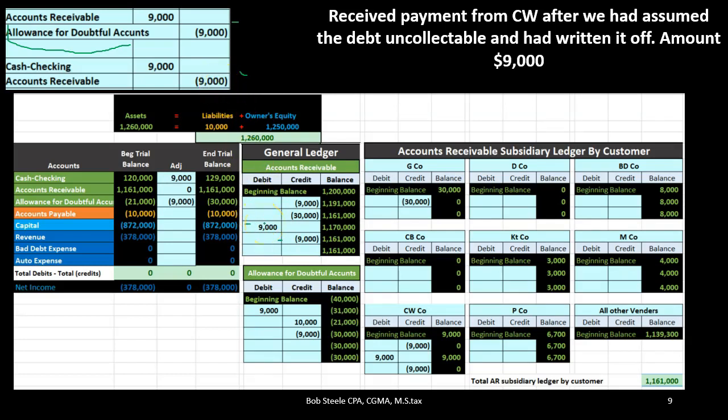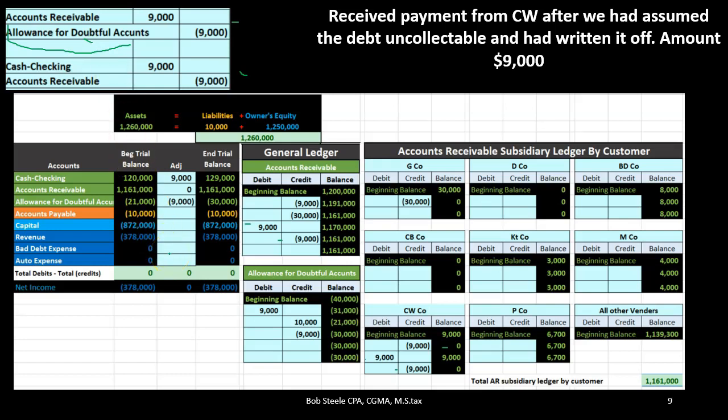We put it back in and took it back out. If we look at the CW account here, this is where we started. Same thing, his subsidiary ledger account for this customer goes back up by 9 and back down. Everything is the same except for this allowance account being the reversing account we're using, not affecting the bad debt expense.